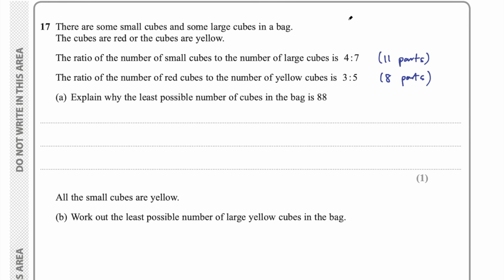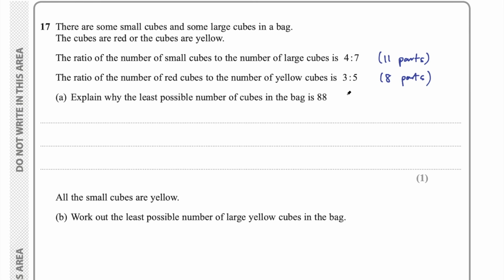They're whole numbers. So the way that we work with ratios is that to get the actual number of cubes, we'd multiply these by some number, because these ratios are representing the same number of things. Whether they're small or large or red or yellow, it's still the same number of cubes. So whatever we multiply these ratios by, the number of parts will eventually have to be the same.